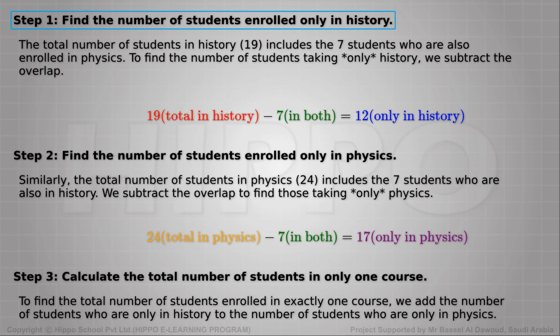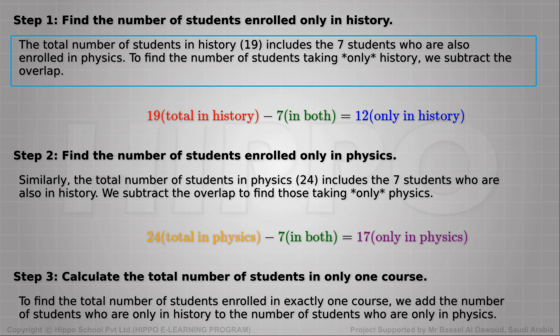All right, let's start with our first step, focusing on the history class. As you can see on the screen, we're told that 19 students are in history. But we must remember that this number, 19, includes the 7 students who are also taking physics. The question wants to know about students in only one course.